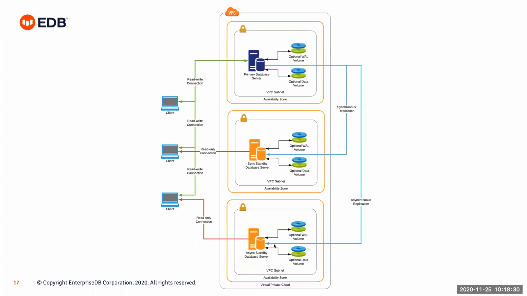This is where the synchronous standby server's ability to apply the changes quickly becomes critical. Also the time it takes for the primary database to stream the transactions to the synchronous standby becomes critical. So network becomes a critical factor here.